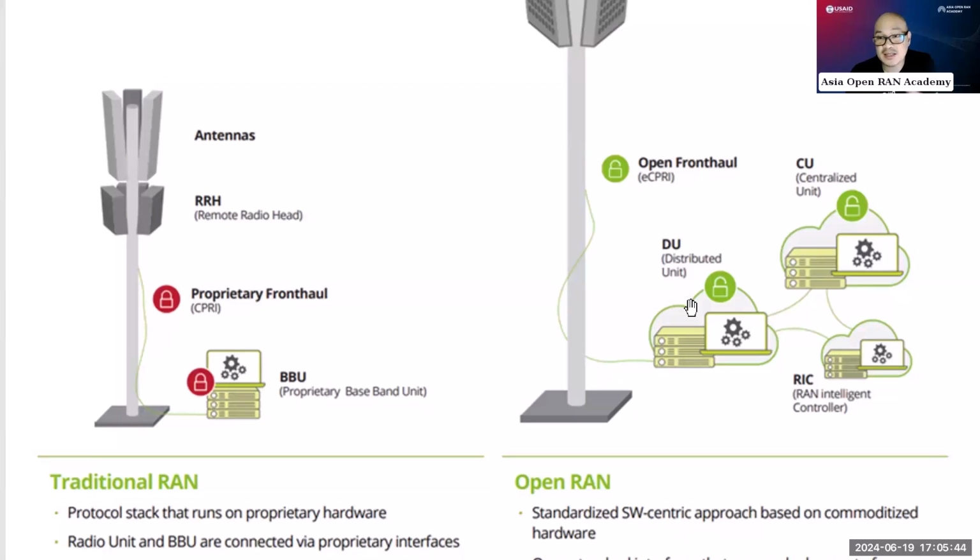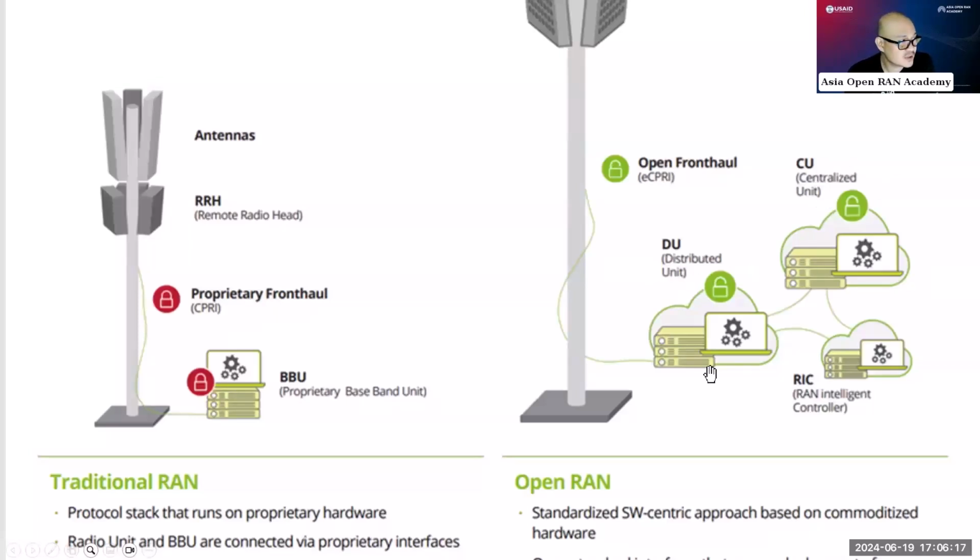Those are the three main use cases, and they have different categories or requirements, meaning you need a flexible architecture to be able to deliver them. One way of having a split architecture is to split the components themselves. That's what happened to the BBU. It was split into the distributed unit and the centralized unit.